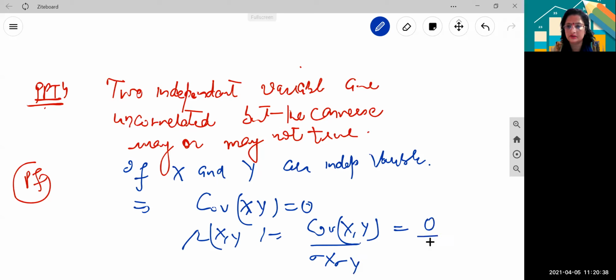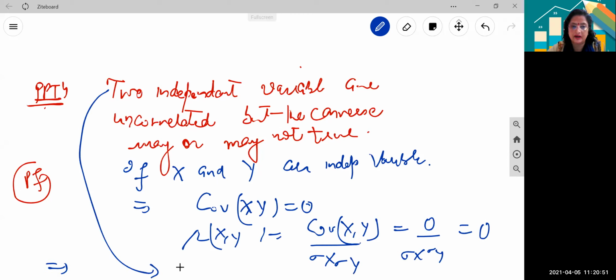This comes out to be 0 upon sigma x sigma y, that is equal to 0. It implies two independent variables are uncorrelated. We repeat the line: two independent variables are uncorrelated.